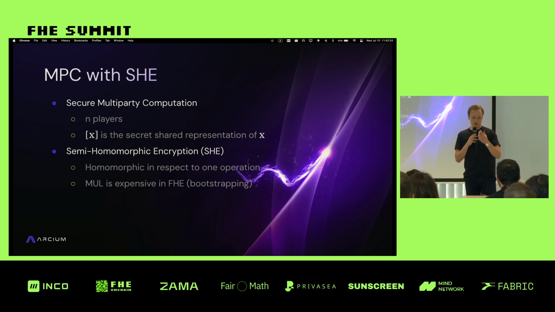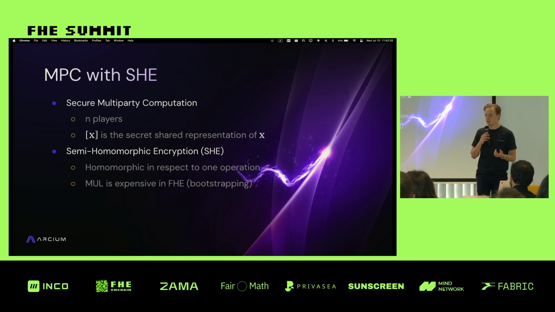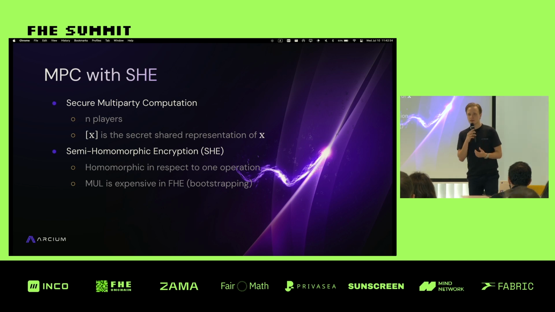And in FHE, the multiplication homomorphism usually is quite expensive because it adds noise to the ciphertext, and so bootstrapping operations or other protocol implementations are required to allow many multiplications to occur, and then over time that really adds up to the complexity of the operations.